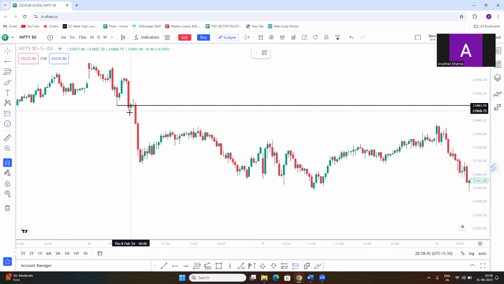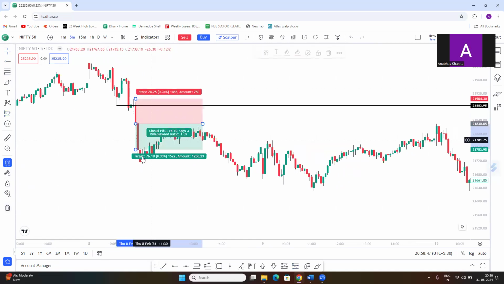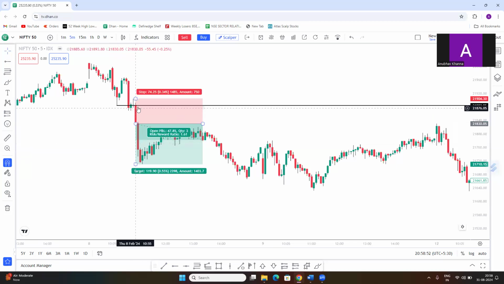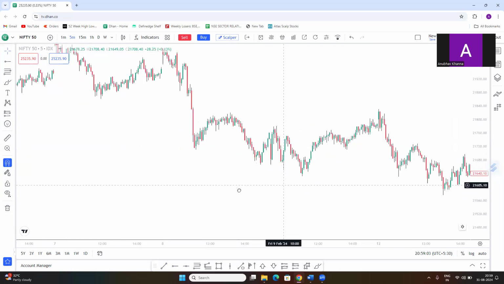However, this green candle formed. We can do it like this, here, right? This is when the stop loss is very big, 74. And this was the ideal trade. But for the sake of it, if you want, you can do this also. But this stop loss is very big here.